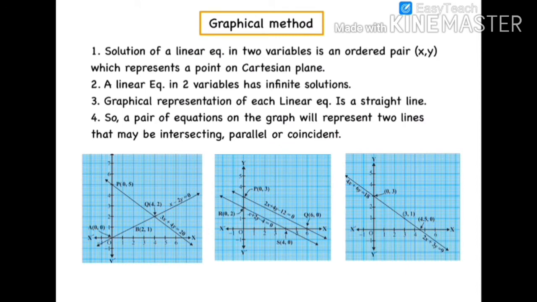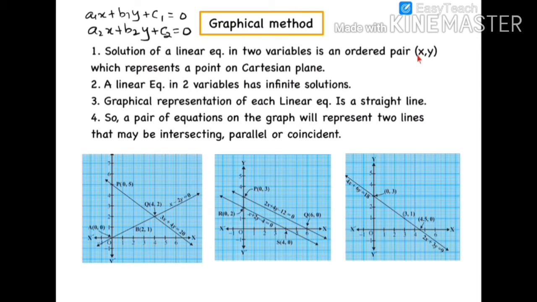The first method is the graphical method. We have studied in grade 9 that the solution of each linear equation in two variables is an ordered pair x, y that can be represented on a Cartesian plane. To find this point, we choose a value of x and then find the corresponding value of y by substituting x in the equation.